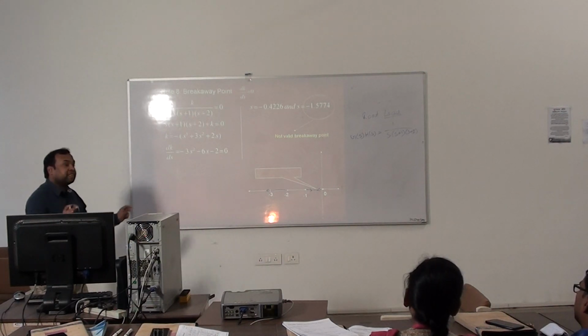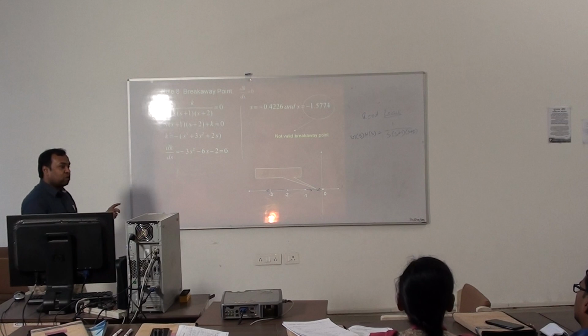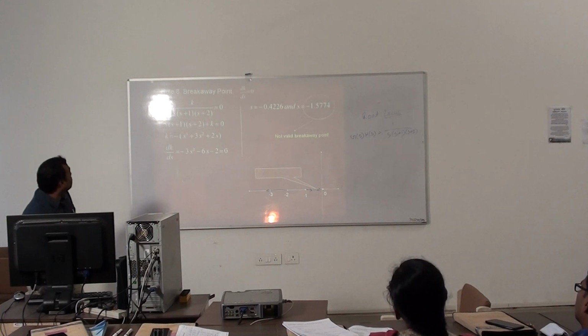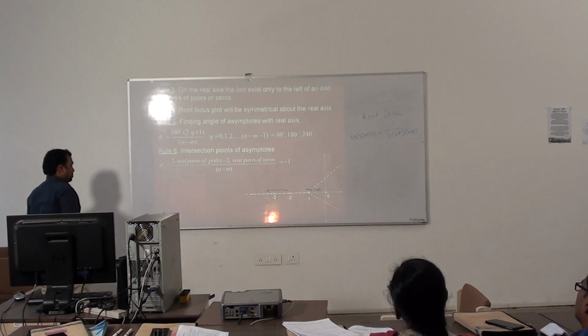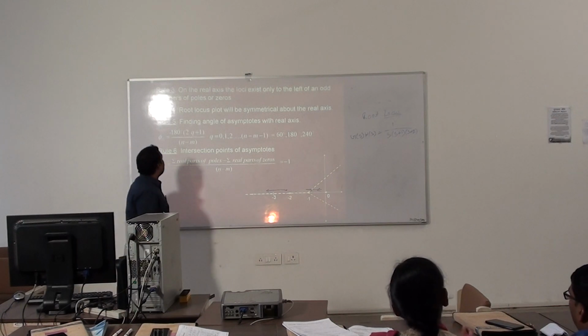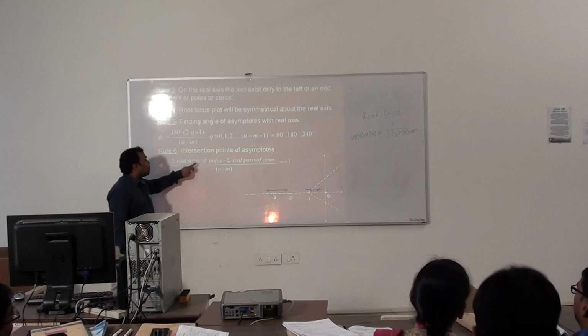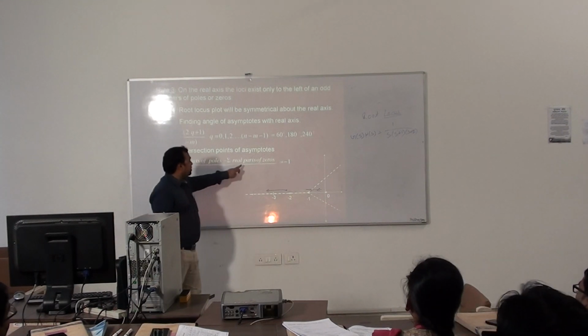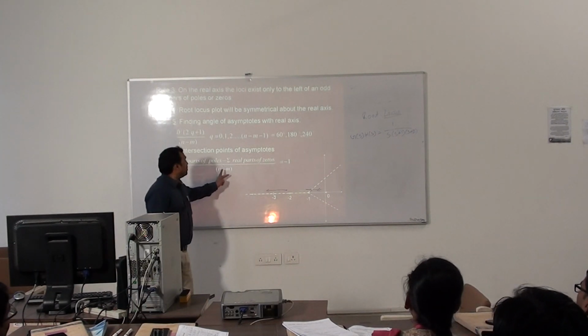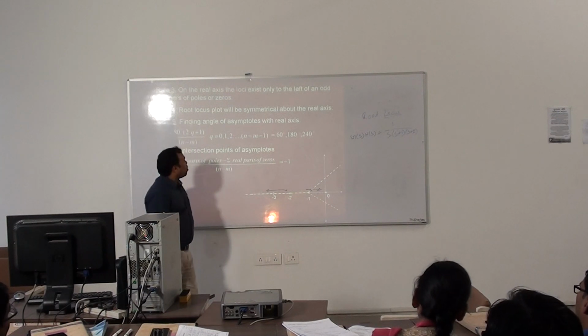To guide that curve, the locus of the root, there is a point known as the breakaway point. How can we calculate the breakaway point? We can calculate it as the sum of the real parts of the poles minus the sum of the real parts of the zeros.